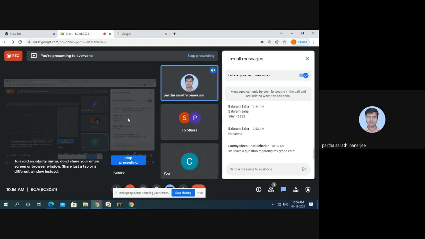Peer-to-peer system is not very secure. Client-server system is very secure, efficient and reliable, but costly. Extra software and extra devices are required. For long distances, you can use different devices. So it is costly, but security is very good.